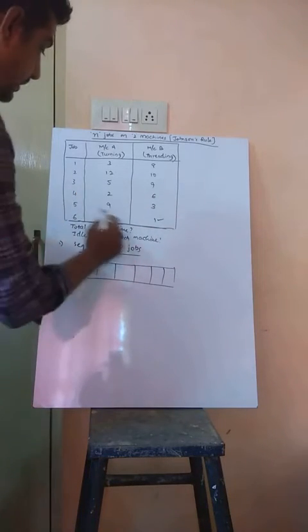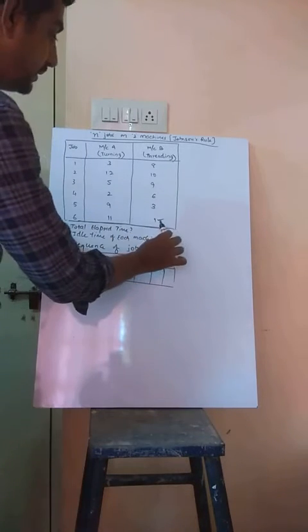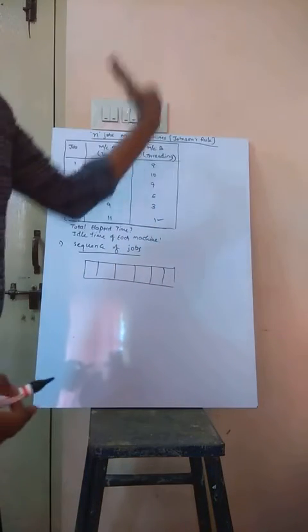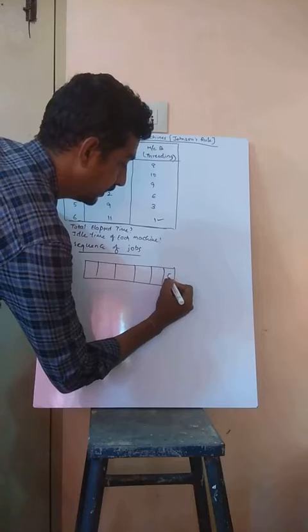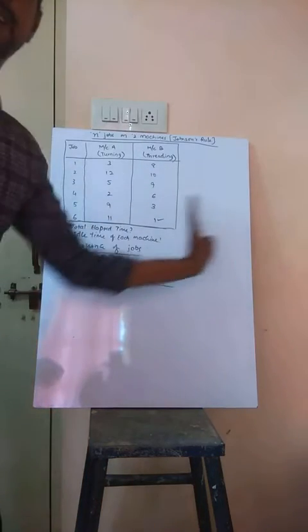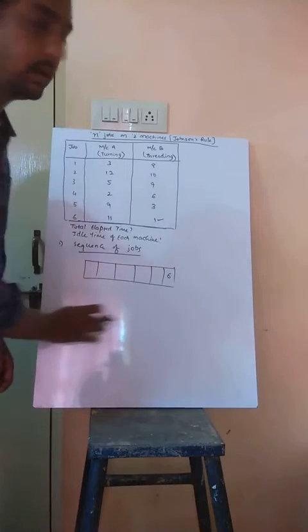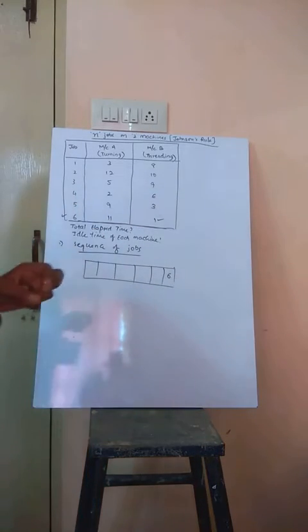Job 6 is at the right side of the table, so it must be placed at the right side of the sequence order. Next, you need to omit this 6th job and go for the other jobs.